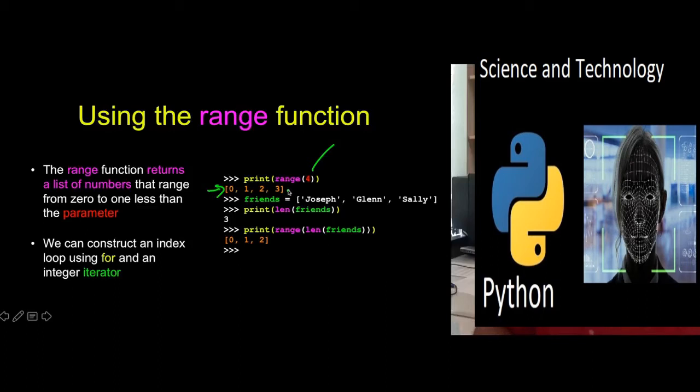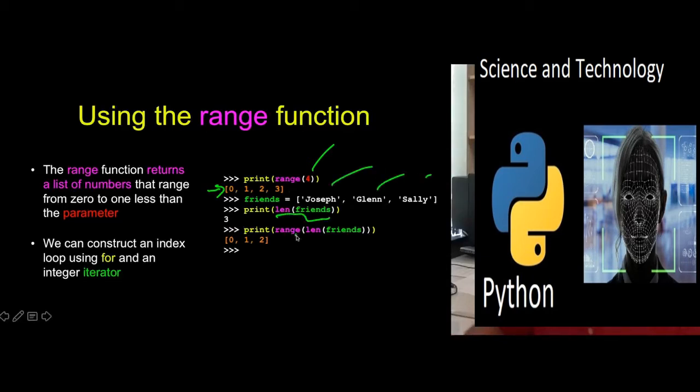It turns out that is really useful for constructing counted for loops that go 0, 1, 2, as compared to the definite loops that go through each one. It's a common thing to say, okay, we know how many things are in this list. There are 3 friends.